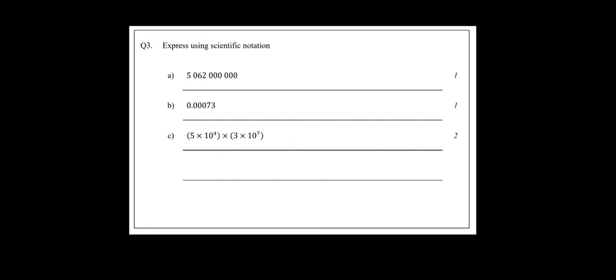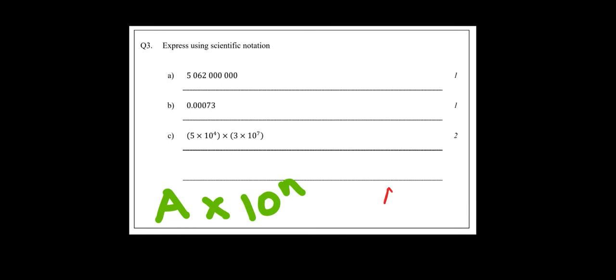We're going to have a number a multiplied by 10 to the n, and we're going to say that a is greater than or equal to 1 but less than 10, and we're going to say that n is an integer.